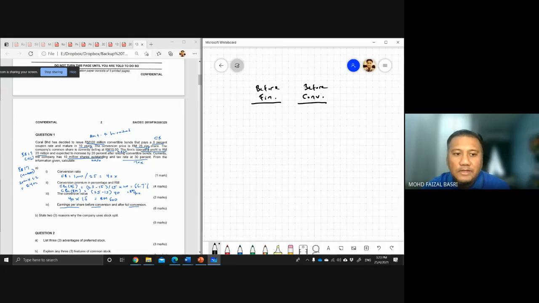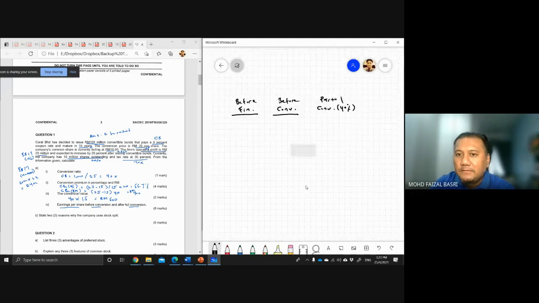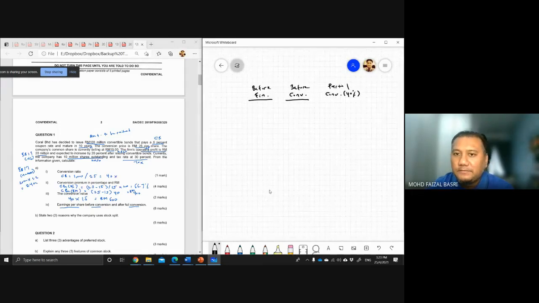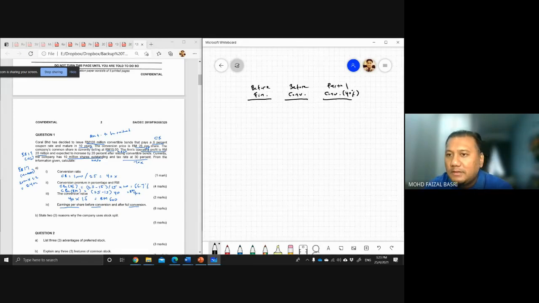Okay, this is the one that they ask you to find actually, before conversion. The third one is partial conversion. Let's say I letak 40% sebab soalan tak tanya, but let's say I assume 40%. Okay, and the last one is full conversion.